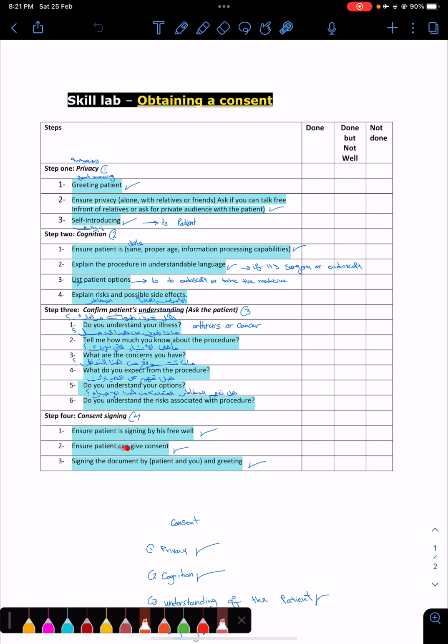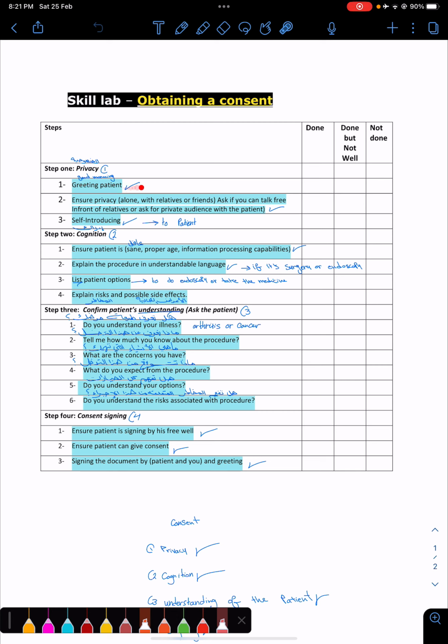Okay, consent signing, the last thing, is on the procedure. So the privacy, number one, while taking consent for a certain procedure. Let's say we have an endoscopy or an operation for something, cancer or whatever. After greeting the patient, ensure the privacy and tell the patient about yourself, right?